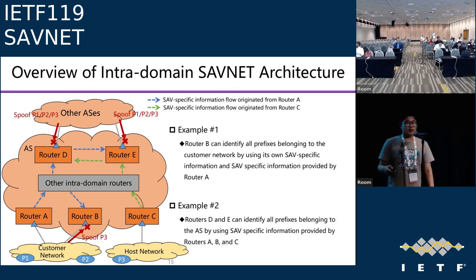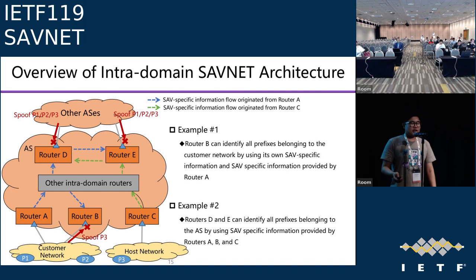Here are two examples. In this figure, router B can identify all prefixes belonging to the customer network by using its own SAV-specific information and the SAV-specific information received from router A. Then it can perform accurate SAV filtering at the interfaces facing the customer network.